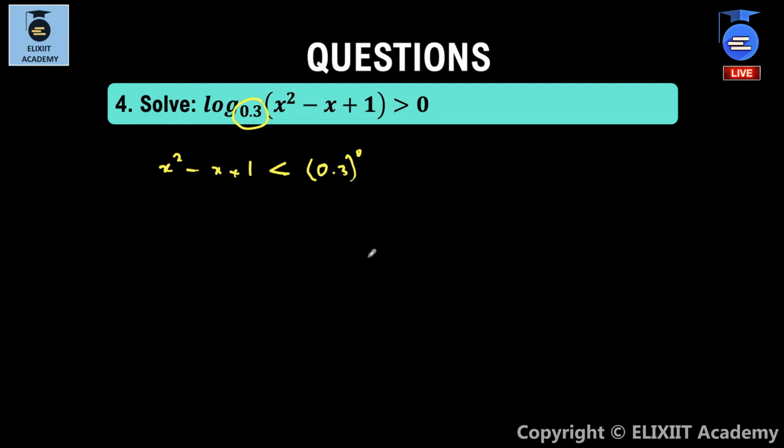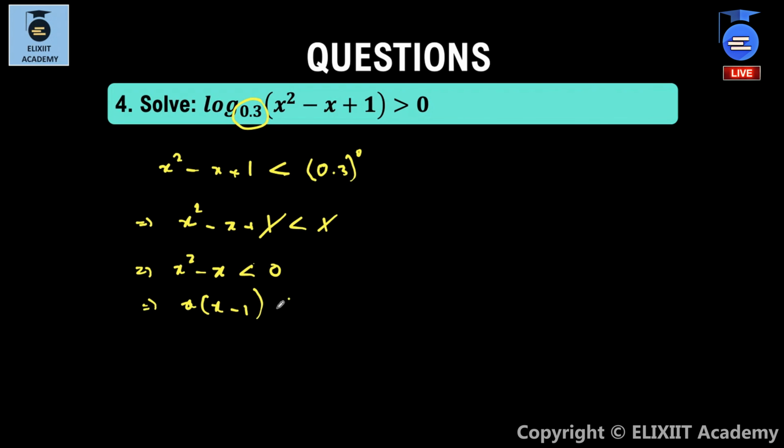The concept remains the same, as we have solved previously. So x square minus x plus 1 is less than 1. The 1 and 1 cancel out. Here we have x square minus x less than 0. So x into x minus 1 is less than 0.